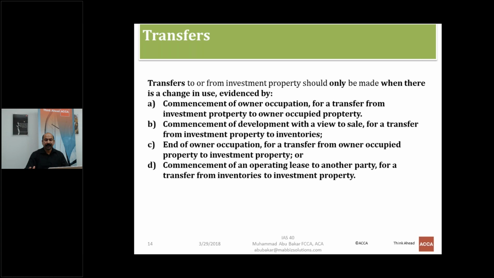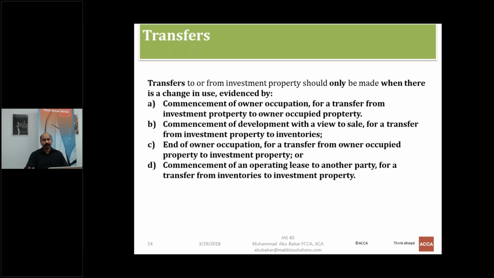End of owner occupation for a transfer from owner occupied property to investment property. Because we know that if we have a property and we have not yet decided what to do with it, will it be used as an owner occupied property, or will it be rented, or will we keep it for capital appreciation purpose?